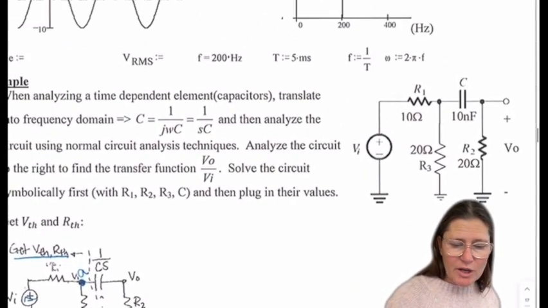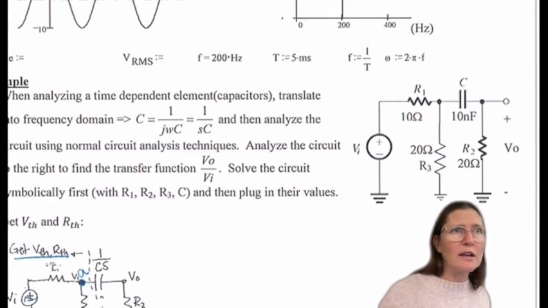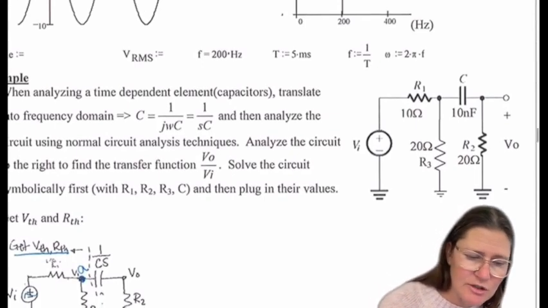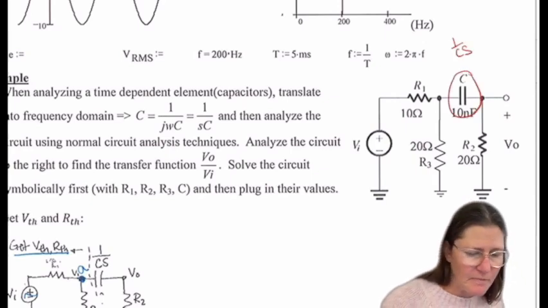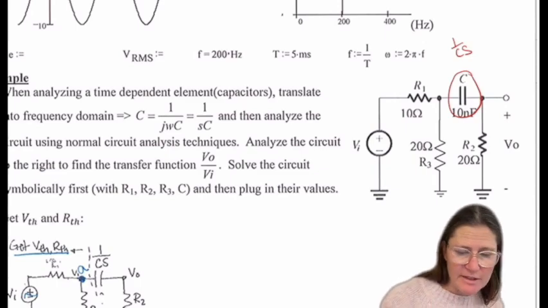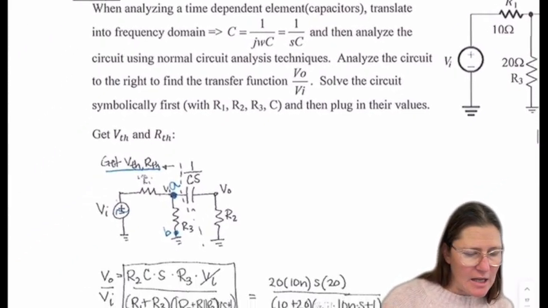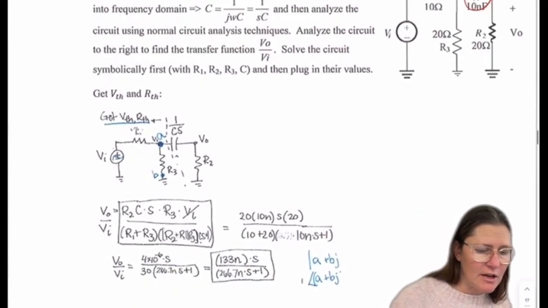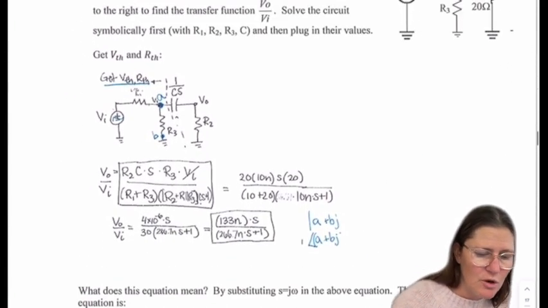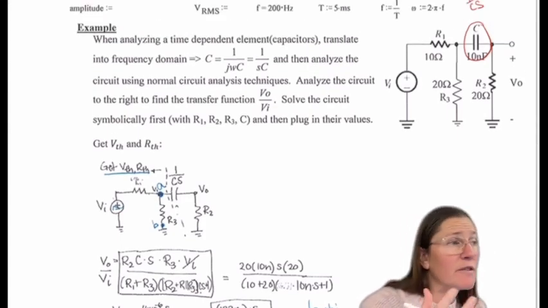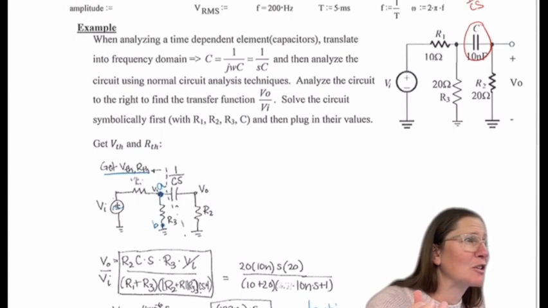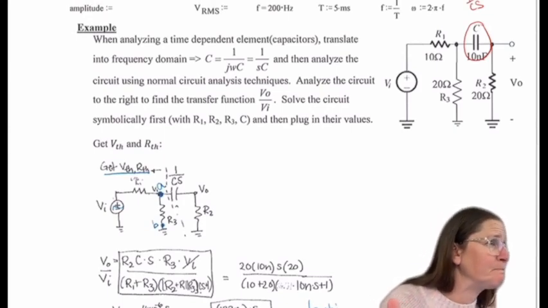All right, so as I mentioned before, when we analyze these circuits, we're going to change these over now to 1 over CS or 1 over j omega C, and then we are going to analyze them from there. To get more information off of this, we are going to build something called a Bode plot.